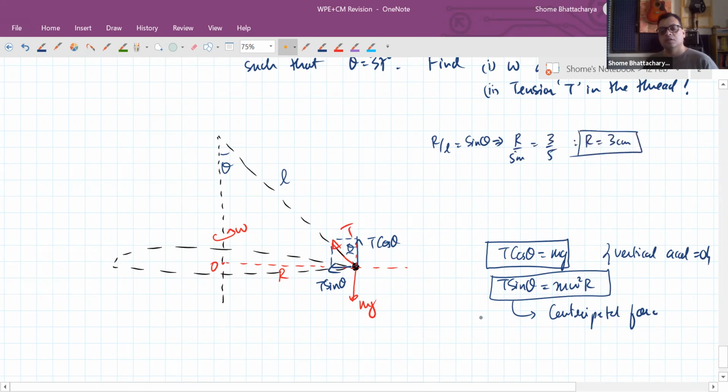Okay. So from equation 1, you can see that T into 4 by 5 is equal to the weight, which is 20 newtons. So the tension is becoming 25 newtons. Okay.